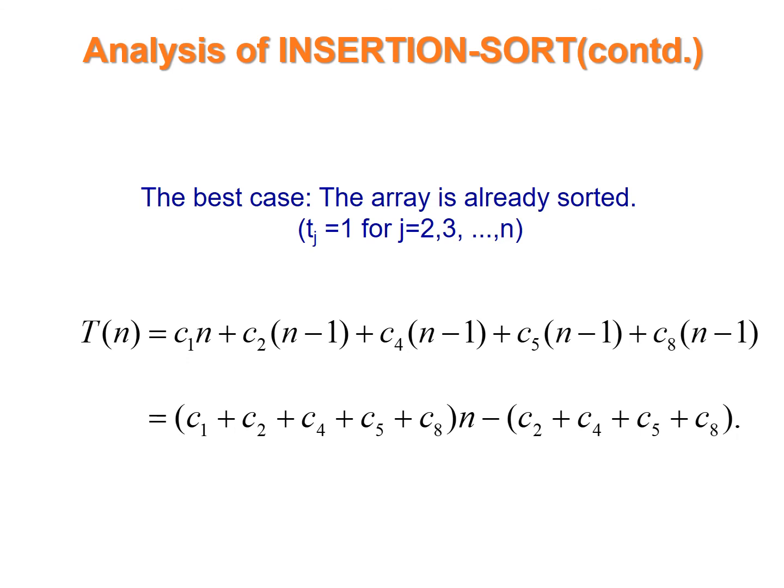The best case: the array is already sorted. t j equals 1 for j equals 2, 3, and so on up to n.